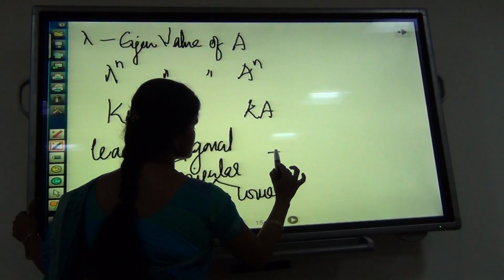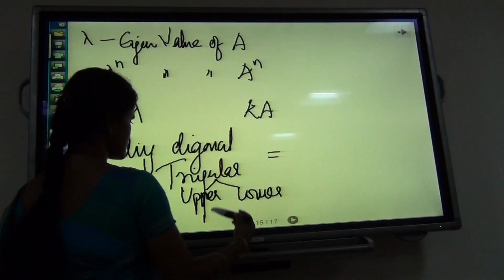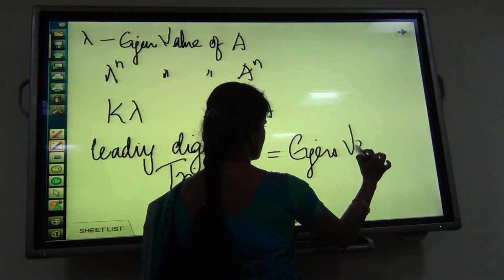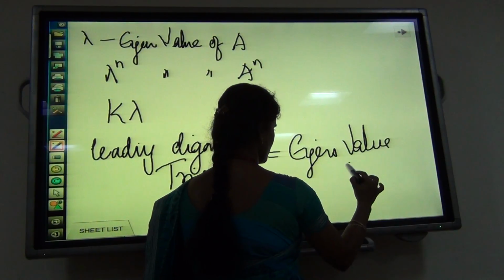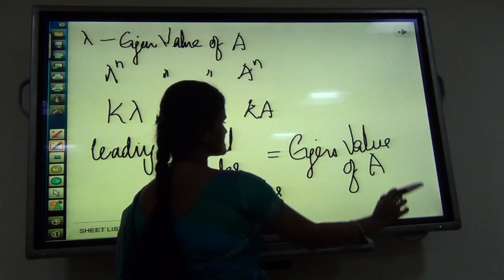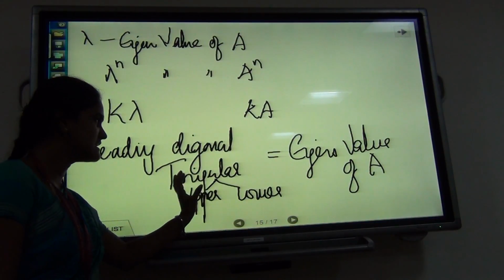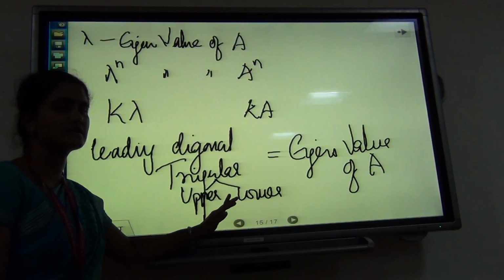In that case, they are nothing but the eigenvalues of A. In case a matrix is a triangular matrix, either upper triangular or lower triangular, then the leading diagonal elements would be nothing but the eigenvalues of A.